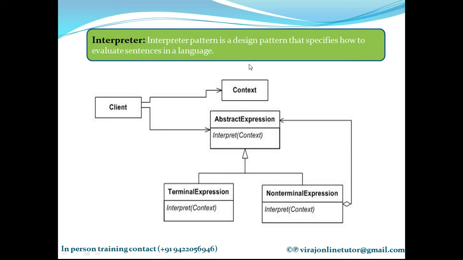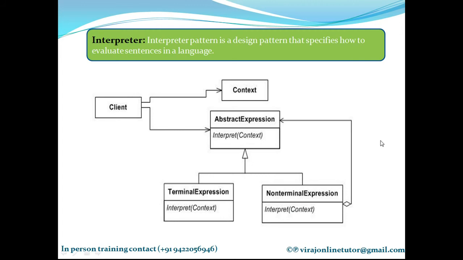In this UML diagram that I have shown here, there is an abstract expression which interprets. Now there is a terminal expression, which is an expression that cannot be broken down further. You can assume this as a leaf node in a tree. And there is a non-terminal expression, which is an aggregation of abstract expressions, meaning a non-terminal can either be a terminal or a non-terminal.